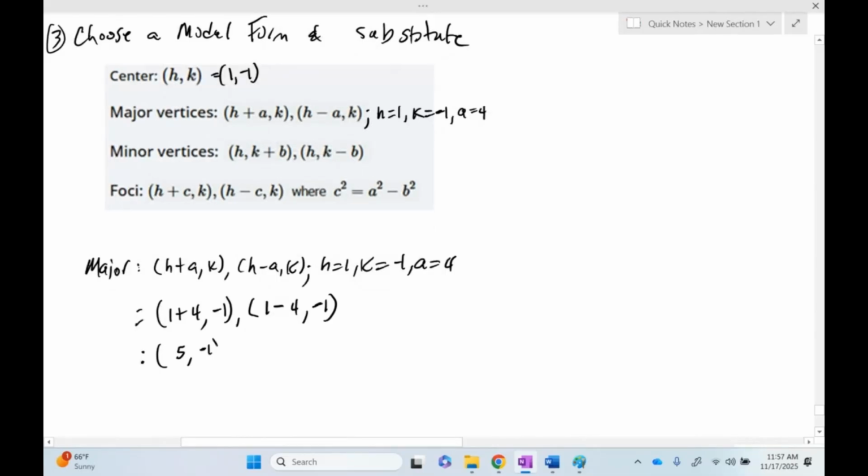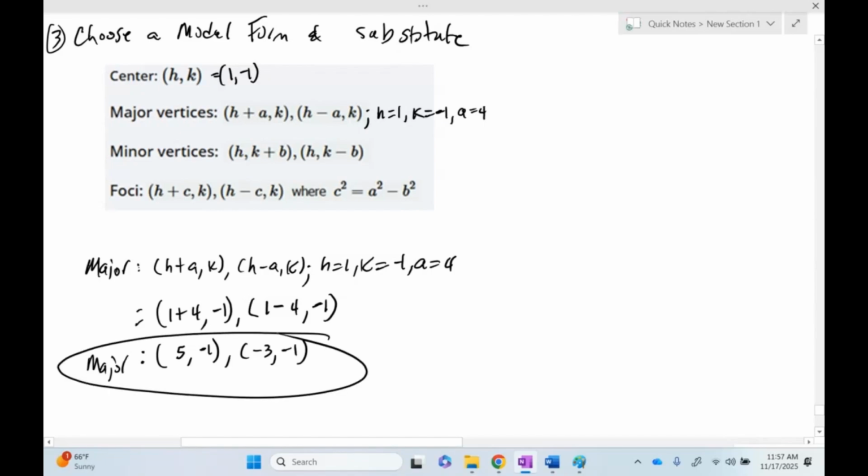So we have (5, -1) and (-3, -1). Those would be your major axis points.